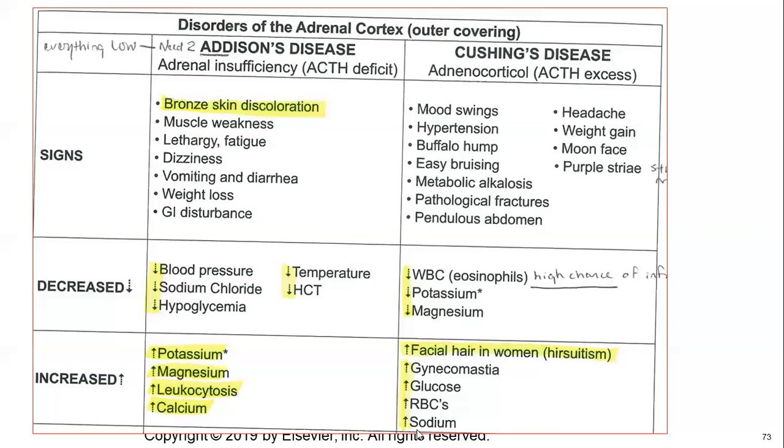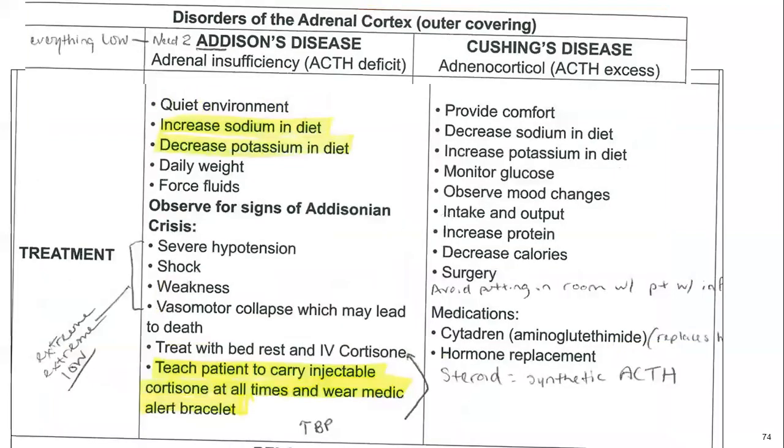So in Addison disease, basically too little steroid hormone or too little secretion by the adrenal cortex. So if it is too little, we need the treatment, something to replace. So replace the cortisol or cortisone or prednisolone.